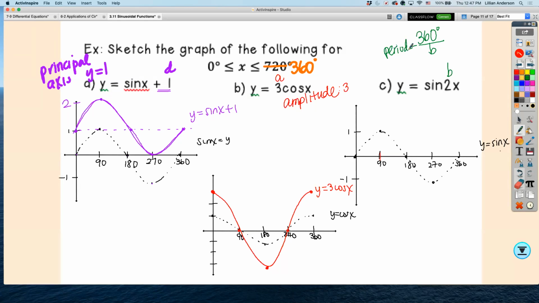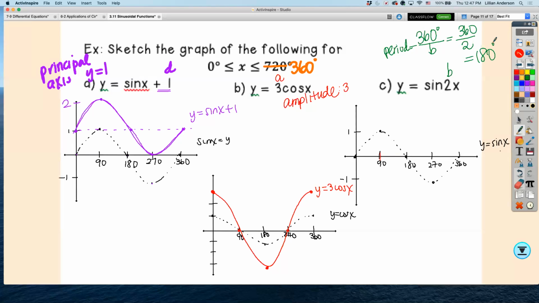Your period is that horizontal distance it takes for your graph to complete one full cycle. The period of sine x is 360, but sine 2x, the period is actually going to be 360 divided by 2, which is what? 180. It's going to complete one full cycle between 0 and 180 degrees.